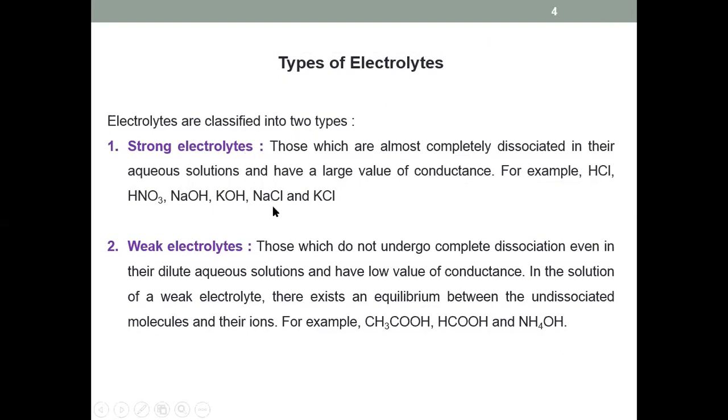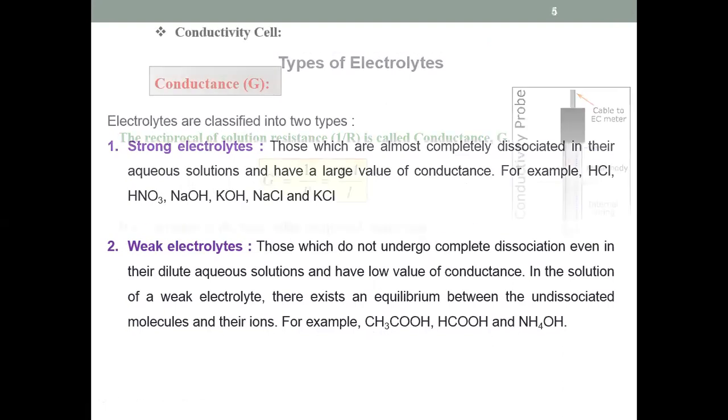Weak electrolytes are those where there exists an equilibrium between the undissociated form and the dissociated form of the electrolyte. They do not completely dissociate once they are in the dissolved state in any kind of solvent. Examples are acetic acid, formic acid, ammonium hydroxide.